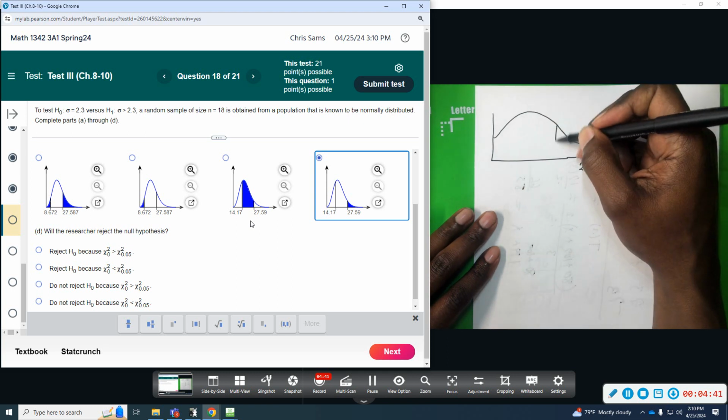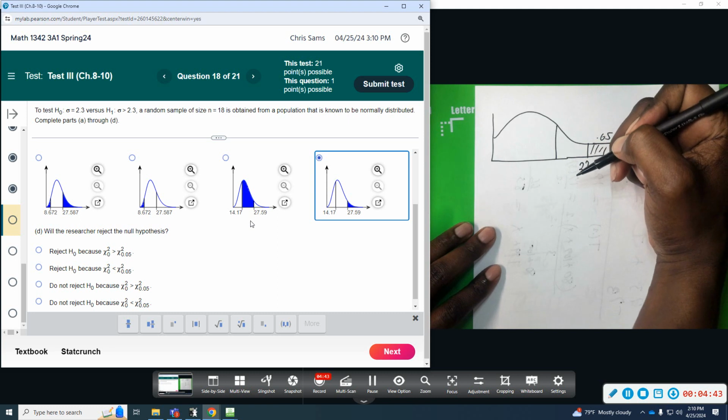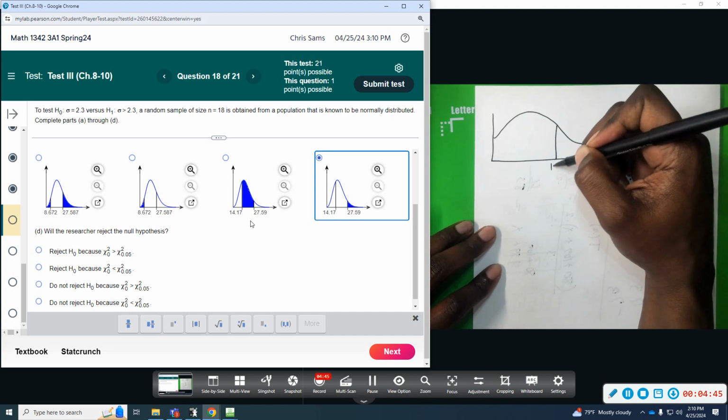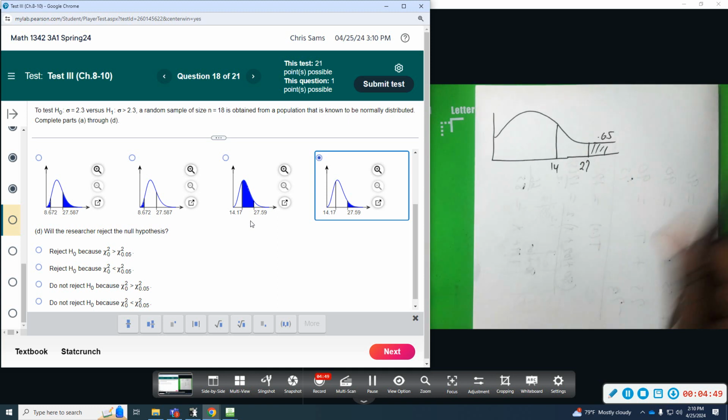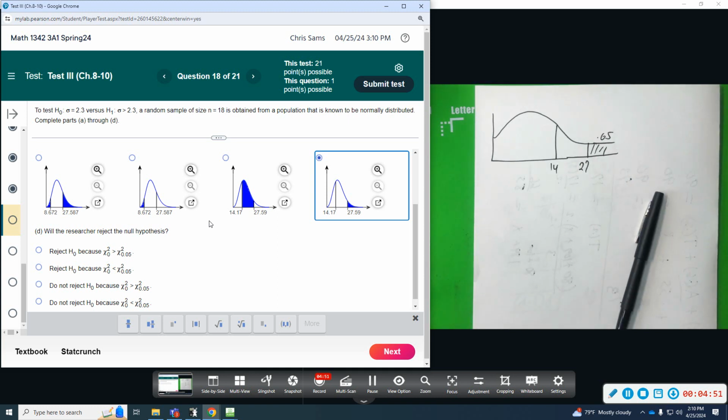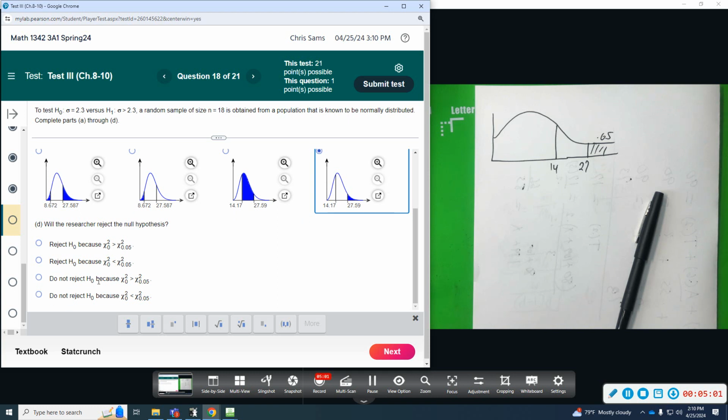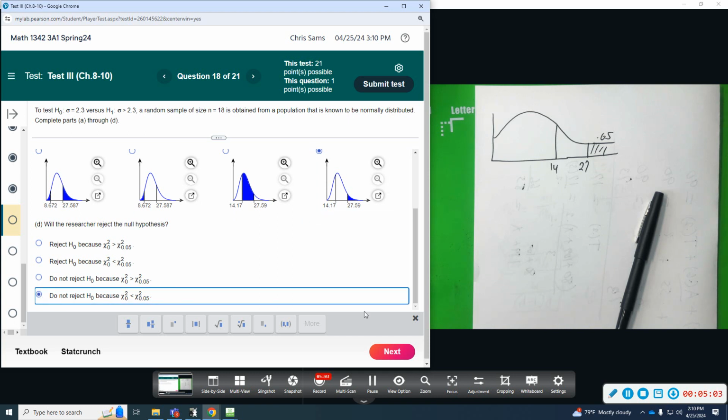Our test statistic came out to be about 14, so we are not in the rejection region, so we do not reject the null. In this case, our test statistic is less than the critical value, so we do not reject H0. So D.